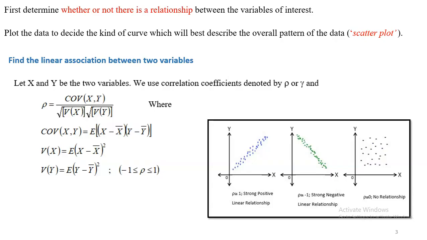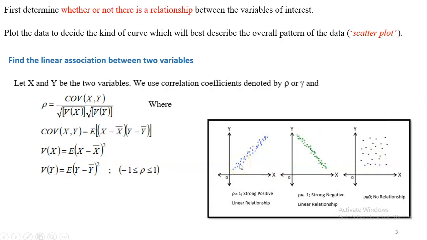Before we come up with equations, we should know whether a relationship exists between the variables, right? So the best approach would be to plot them and see if there is a relationship. Can you visualize a relationship after plotting the data? So let's assume that we have only one variable, and you can see there are three plots.